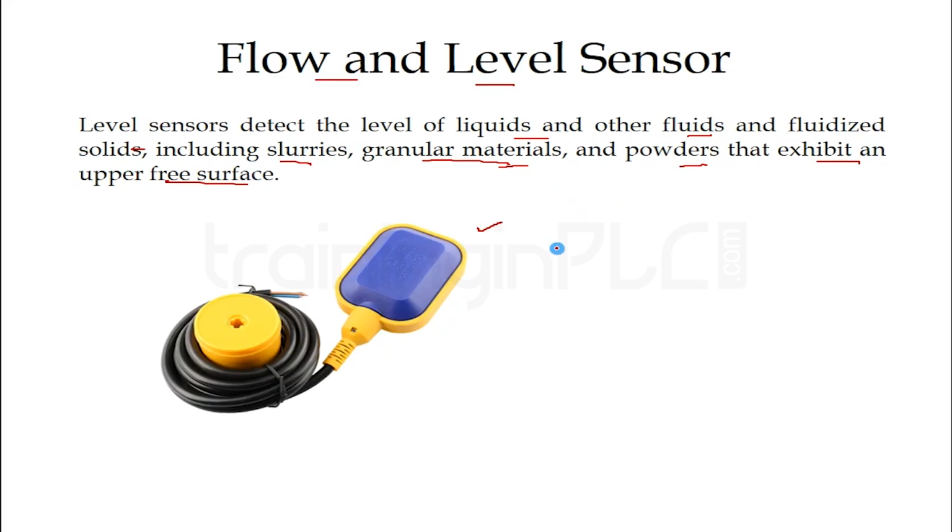Flow and level sensors are mainly used in tanks or bunkers to measure the level of the materials. And there are different types of sensors available, and depending on the application we'll go with the sensors.